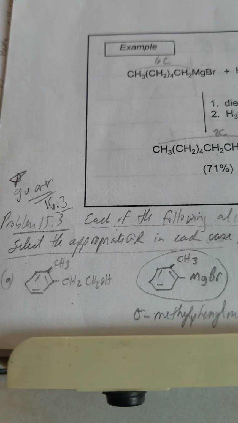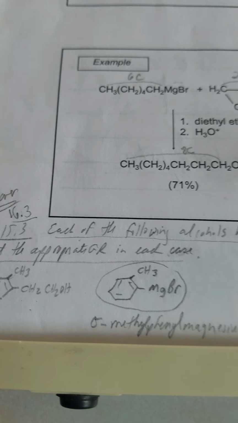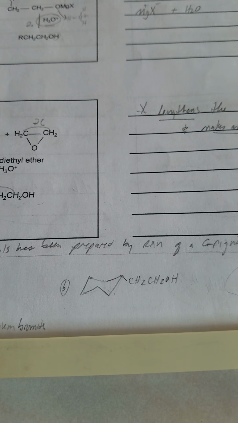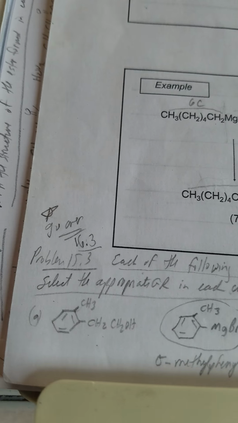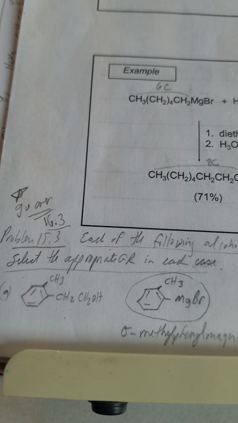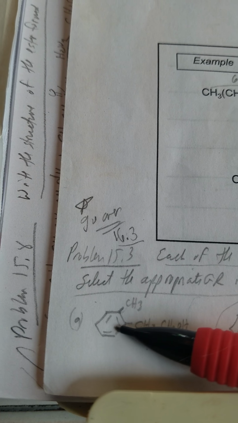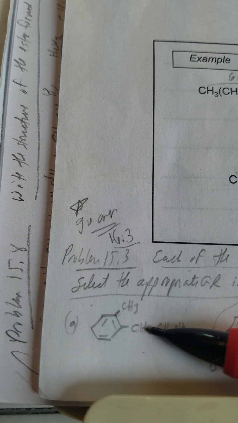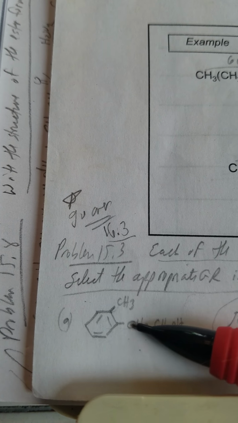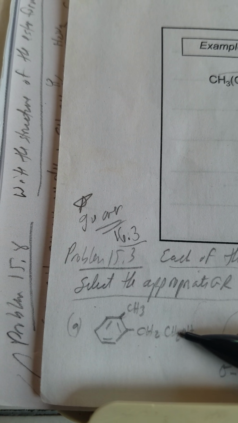So just looking at an example, it says each of the following alcohols has been prepared by a reaction of a Grignard reagent with ethylene oxide. Select the appropriate Grignard reagent in each case. So if this is our final alcohol, we know that these 2 carbons right here are going to come from our ethylene oxide.